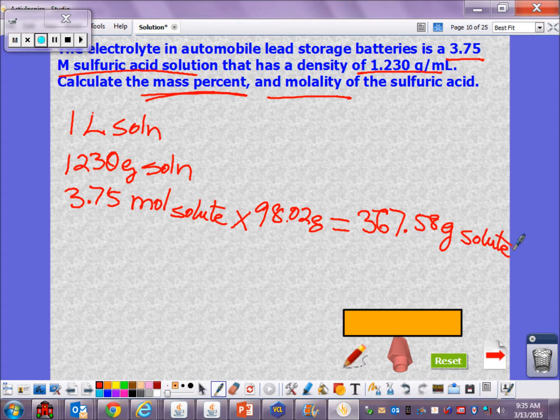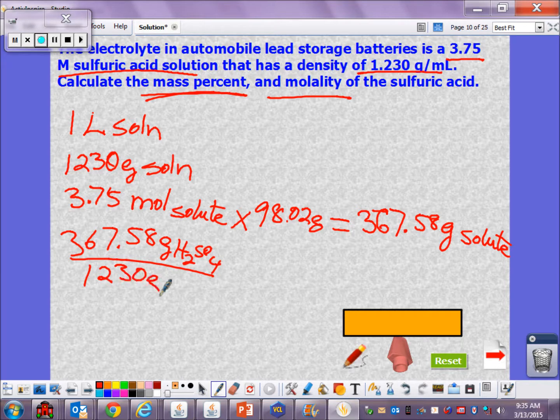So if I have the grams of solute and this is my grams of solution, the percent by mass is the grams of the solute, 367.58 grams H2SO4, over the mass of the solution, which is 1230 grams, times 100.